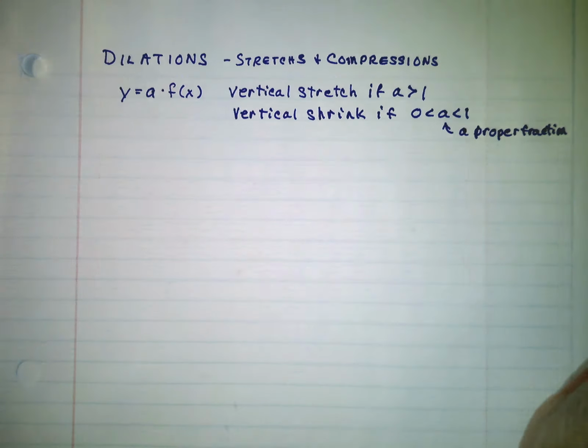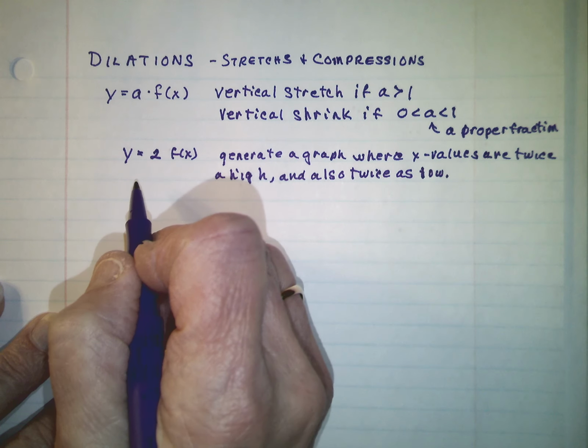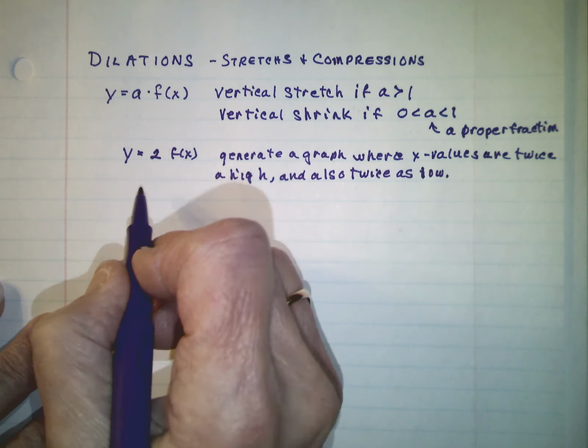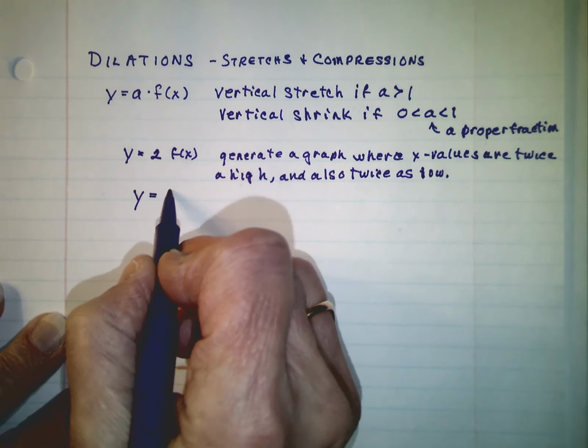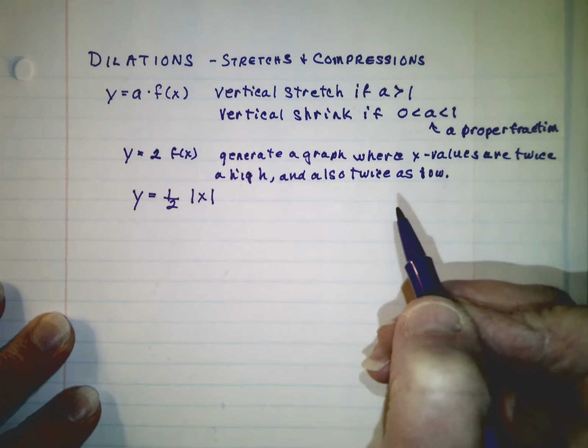So if we have y equals 2 times the absolute value of x, that will work. Oh, let's make it different. Let's make it y equals 1/2 the absolute value of x.